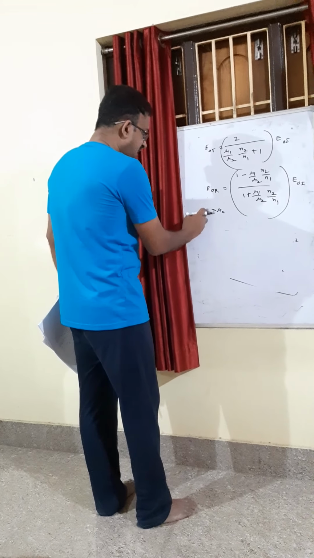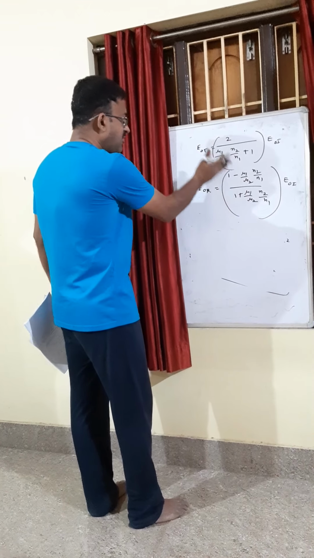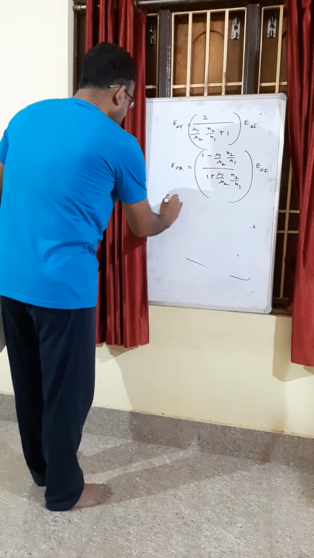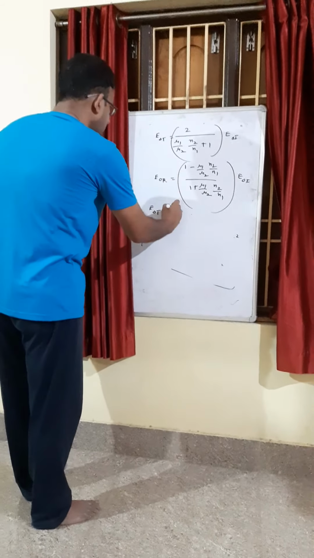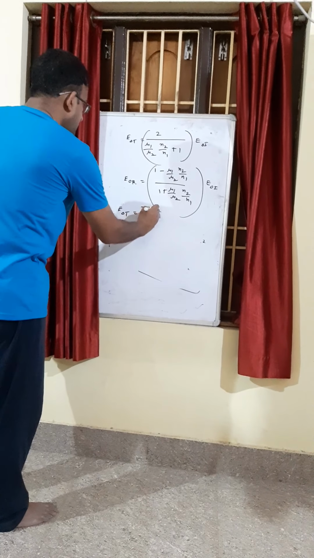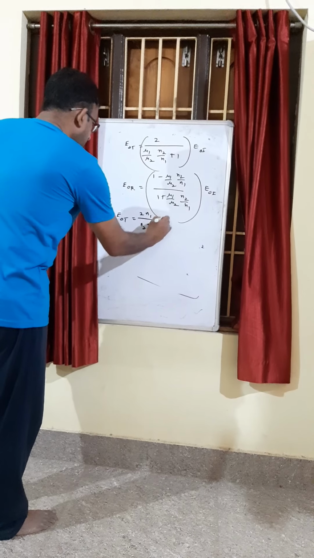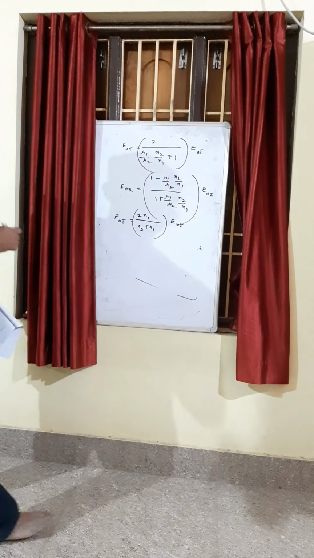So mu1 by mu2 will be equal to 1. These equations are now reduced to E0T equal to 2n1 divided by n2 plus n1 into E0I. These are the equations you will get.